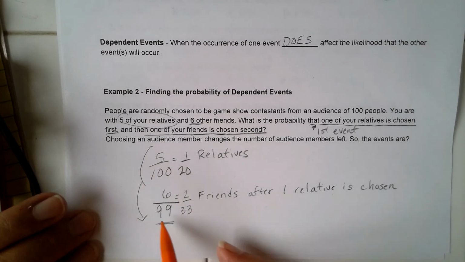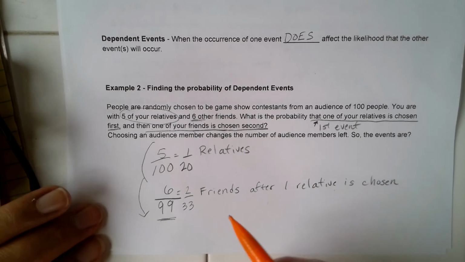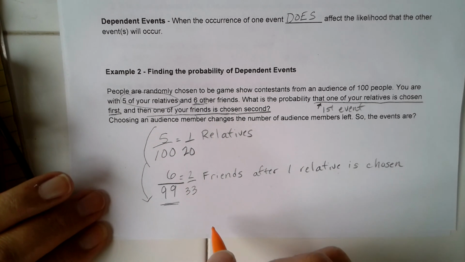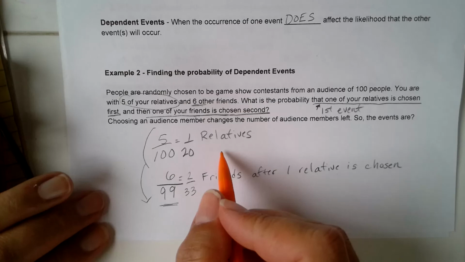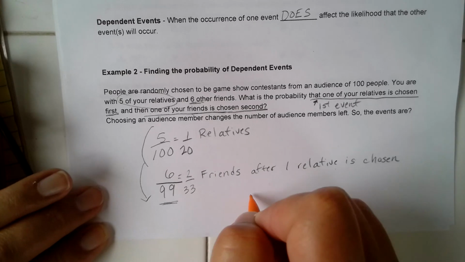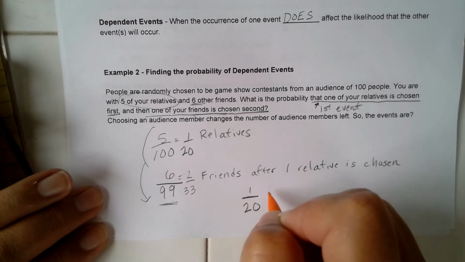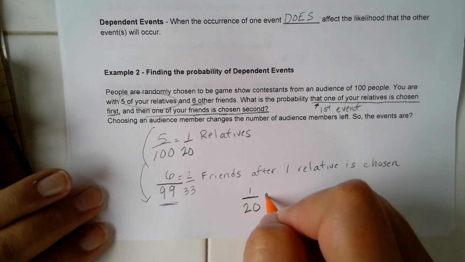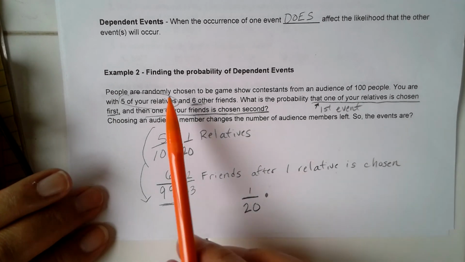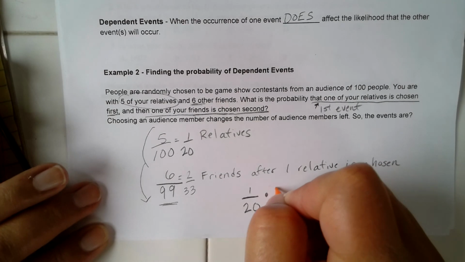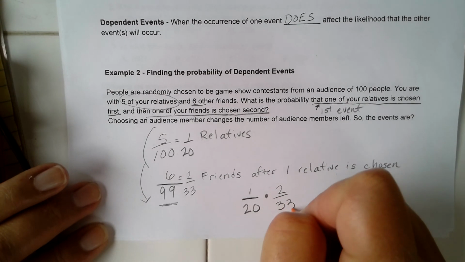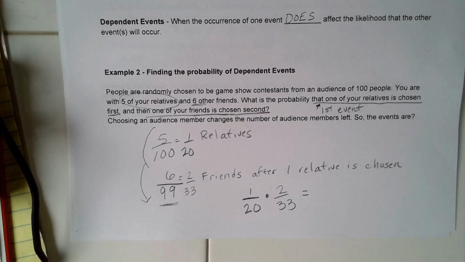All right, so when these dependent events occur, one depends on the other, you simply multiply the two probabilities to find out what the probability of the dependent events is. So we're going to multiply these two together. So I want you to go ahead and try.